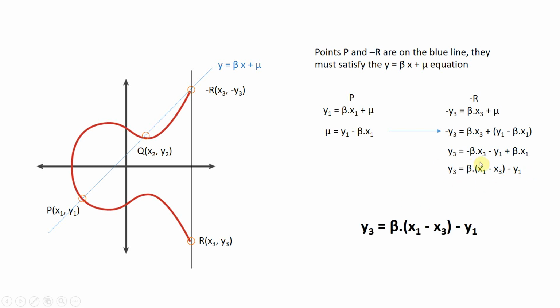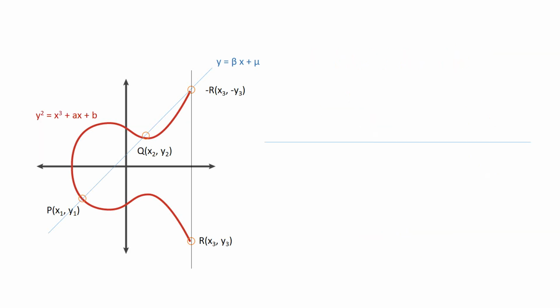And this is the value of y3. I can find the y3 point based on x1 and x3 and also beta. But beta and x3 values are unknown for now, and I'm going to find these values.